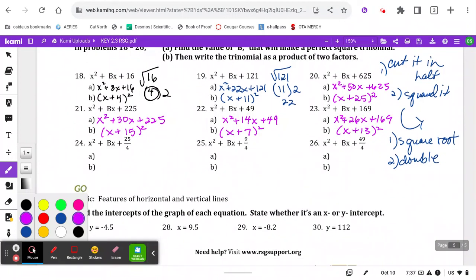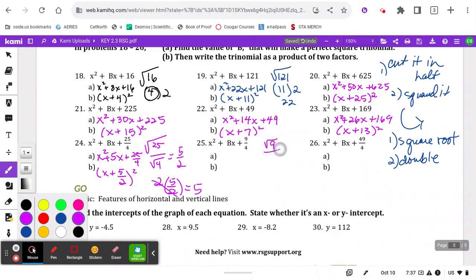Now, 25 fourths, square root of 25 over square root of 4 is a 5 halves factor. And then to double 5 halves, 2 times 5 halves is just 5. All right, pause the video, try the last two weird fractions.